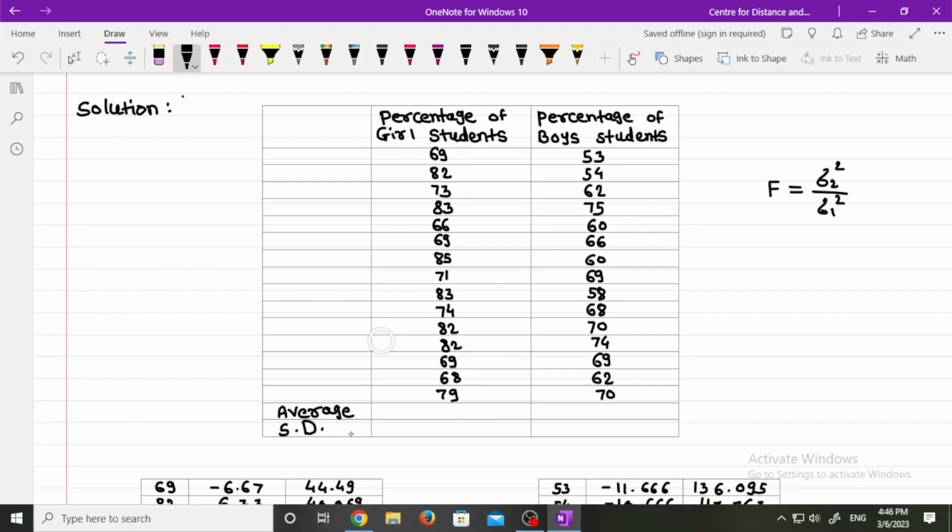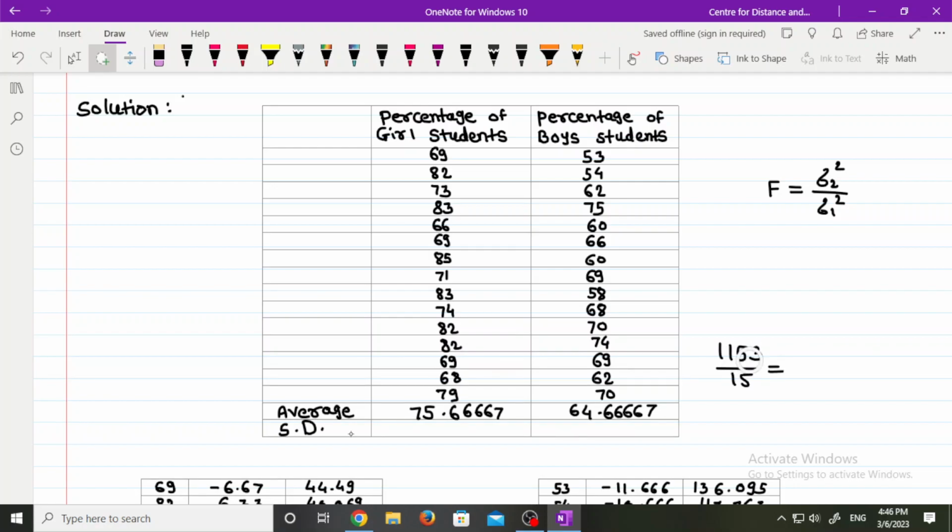First we find the average, that is the sum of all these values. The average of this column is 75.66667, and the average of the other column is 64.66667. The sum of the first column is 1153 and the number of observations is 15.